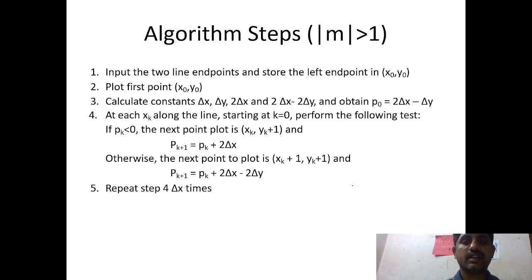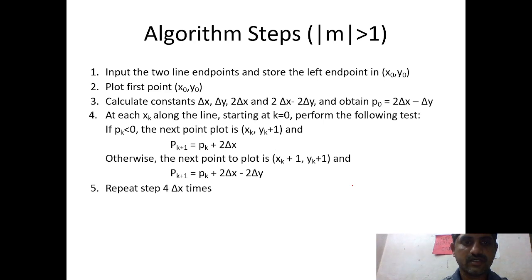If m is greater than 1. So input the two line endpoints and store the left endpoint x0, y0. Plot the first point x0, y0. Calculate constants delta x, delta y, 2 delta x and 2 delta y. Obtain p0 equal to 2 delta y minus delta x. For each xk along the line, starting at k equal to 0, perform the following test.